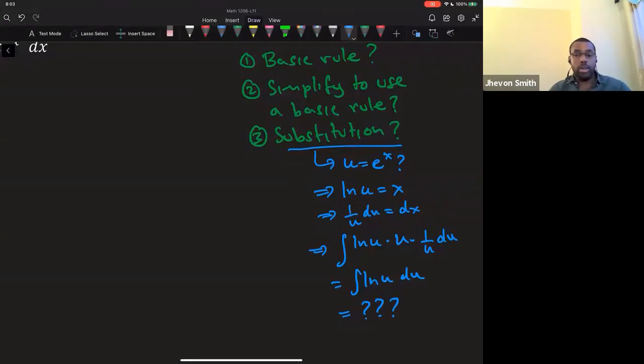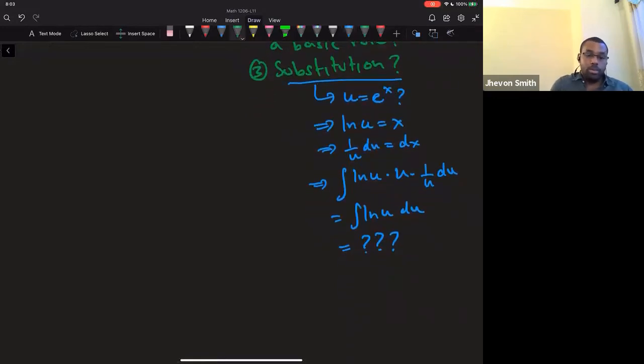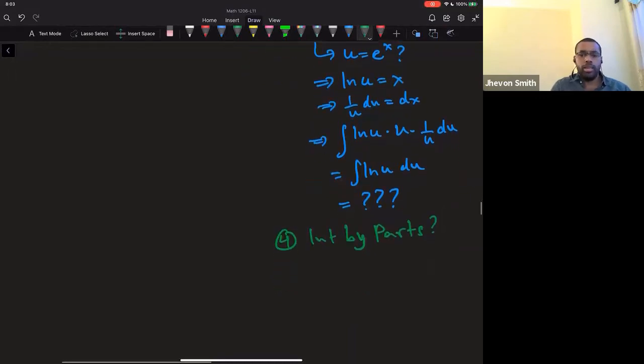So now you might have a fourth step: integration by parts. And there will be reasons why we will choose this. There will be specific indicators for this.